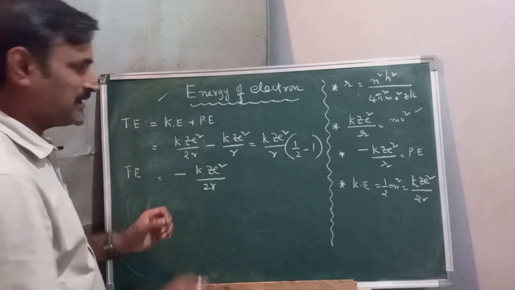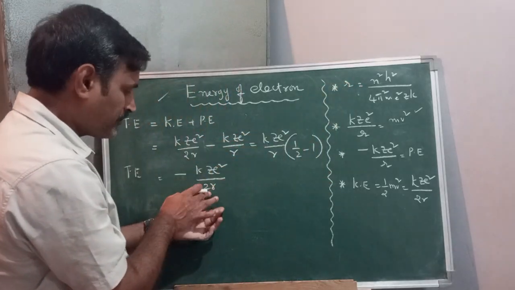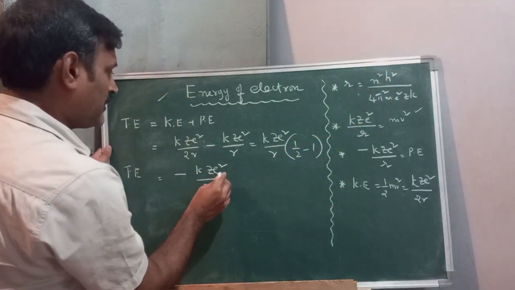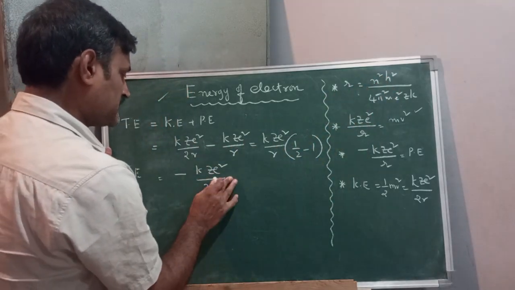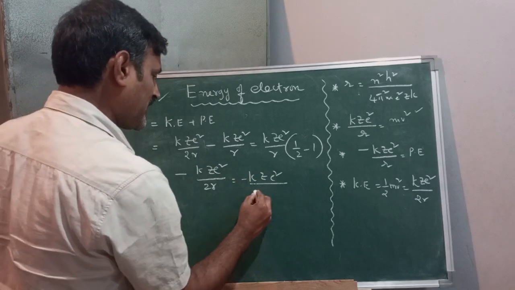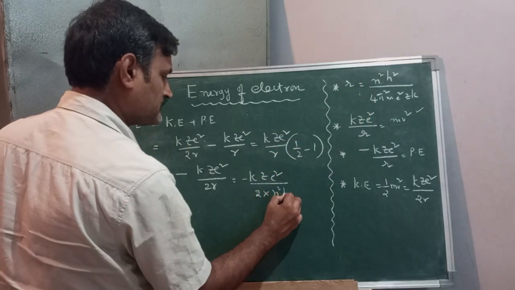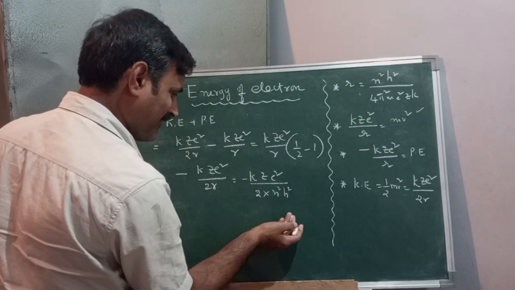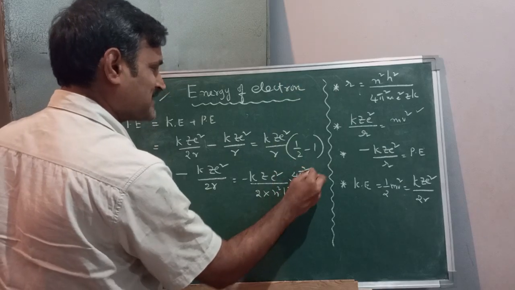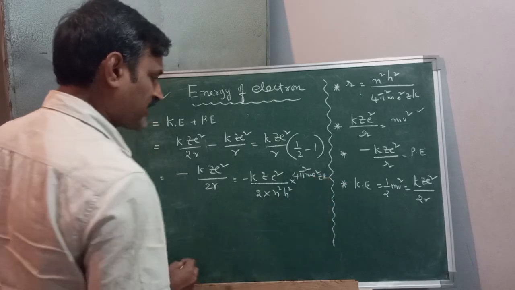But we know the radius of the electron orbit, this expression. If you put it here, then we get minus k into z e square by 2 into n square h square divided by 4 pi square m e square z into k.